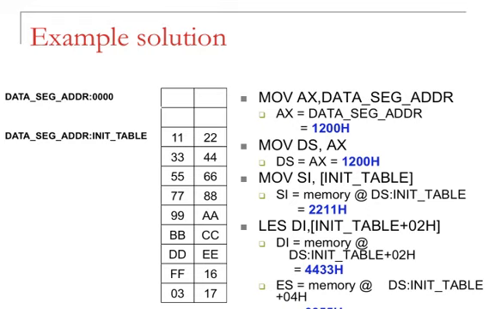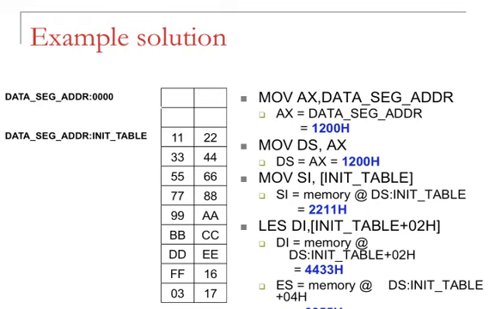And then the third instruction is MOV SI, [init_table]. So this is a data transfer. Destination operand is SI. Source operand is this memory operand, which is located at DS:init_table.